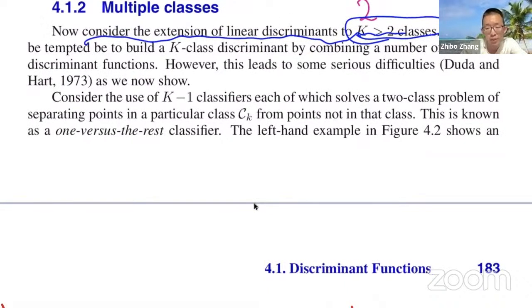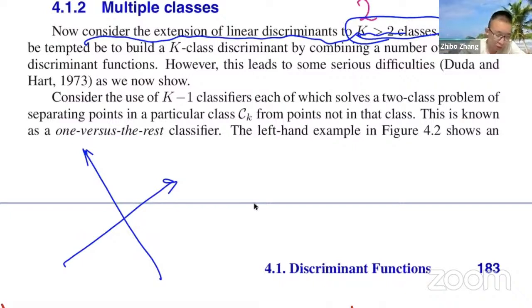What it talks about is that if we have a few different decision boundaries, then in theory we get different areas.